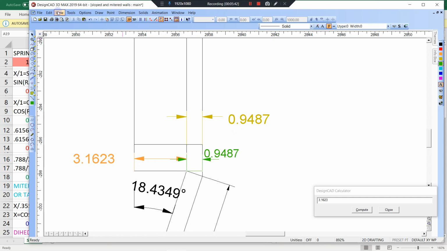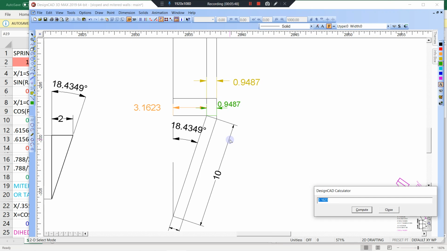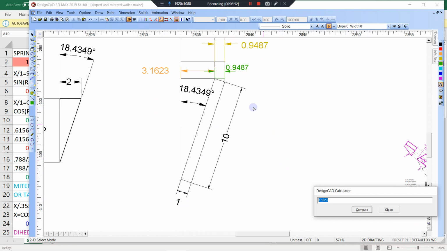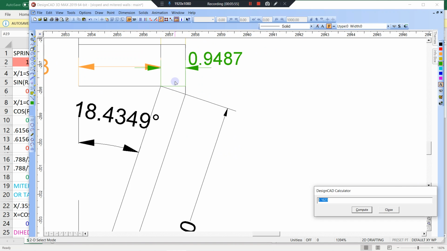So for that one, tools, calculator, and the thickness is 1, right? Right there is 1. So x over 1 is the cosine of that angle.